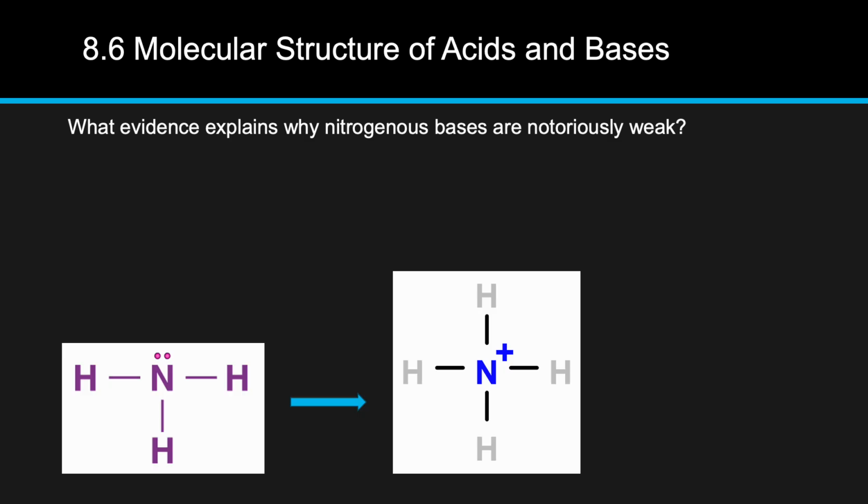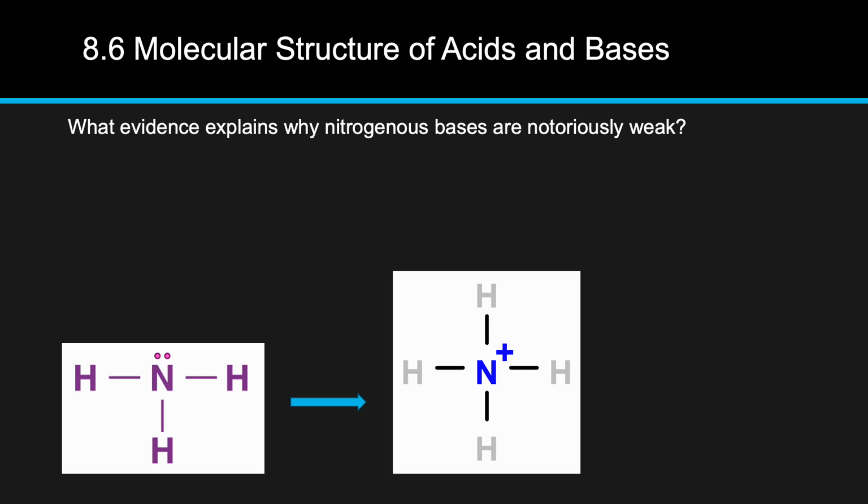So what evidence explains why nitrogenous bases are notoriously weak? If we're looking at NH3, when it acts as a base, it's going to accept a proton and become NH4+, which is ammonium. Now, one of the characteristics we've been talking about is electronegativity.